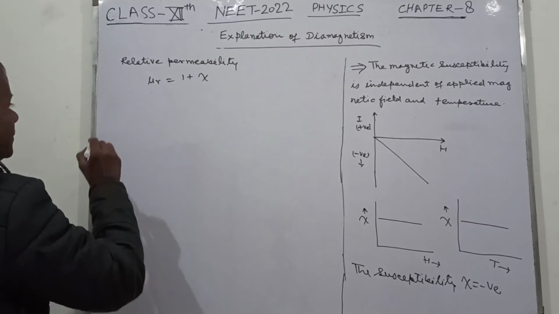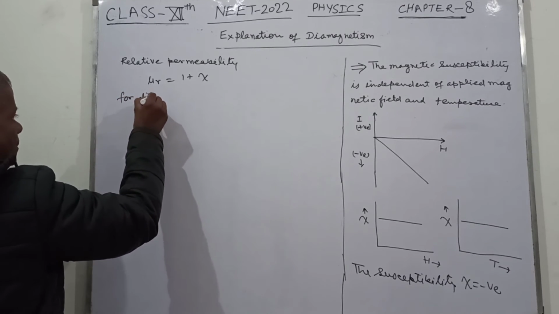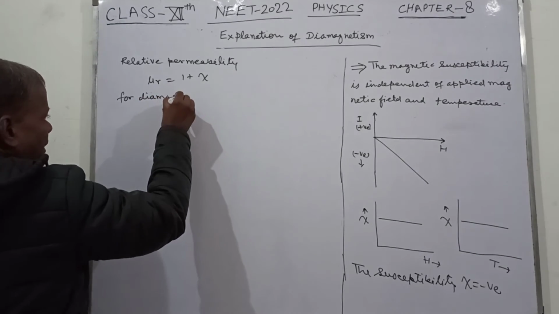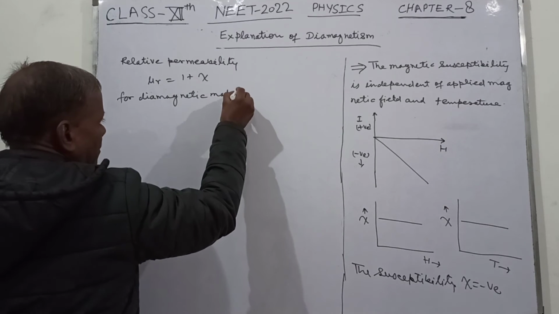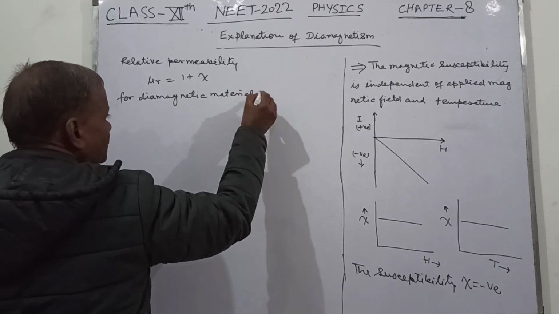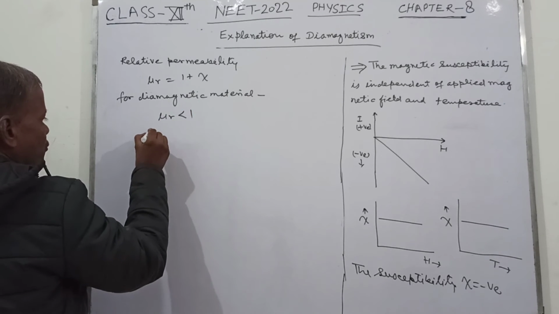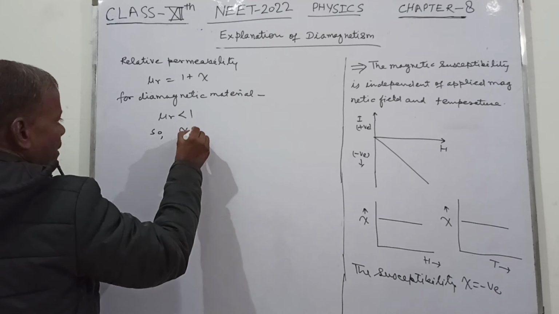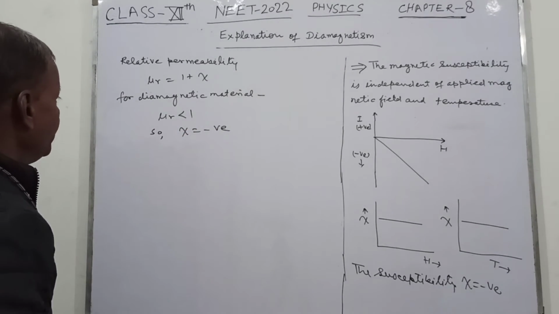And for diamagnetic material, this mu r is less than 1, so this chi is negative.